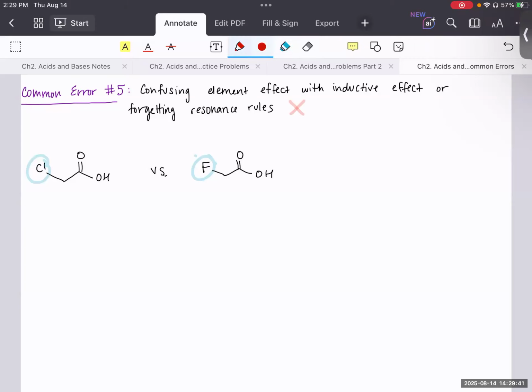However, the structure on the right is more acidic because of the inductive effect. And that's because the hydrogen isn't directly bonded to the fluorine.